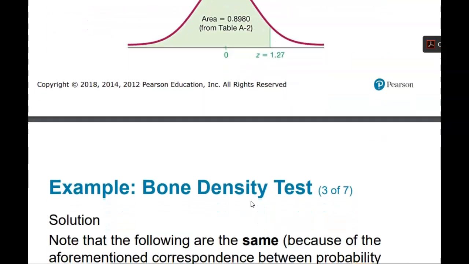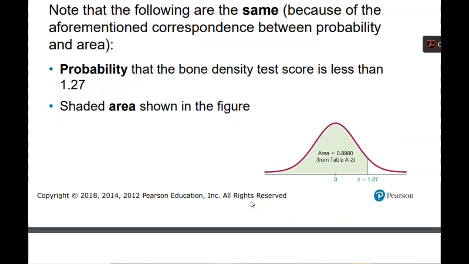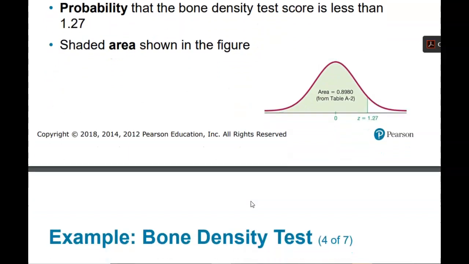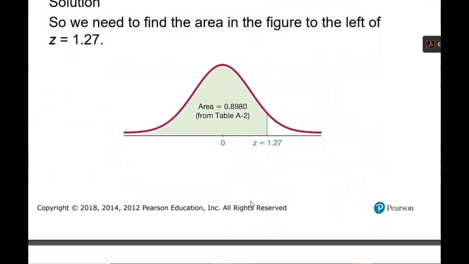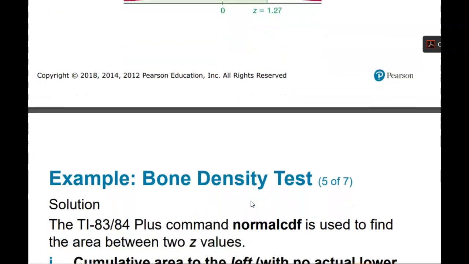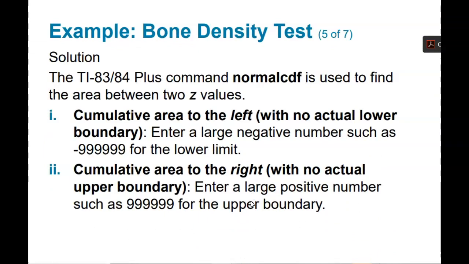So in the calculator, we want to find the probability that the bone density test score is less than 1.27. To find that area using the calculator, we use the normal CDF command. There are other things posted in your course Blackboard site that tell you how to use these commands, but it's in the distribution menu.